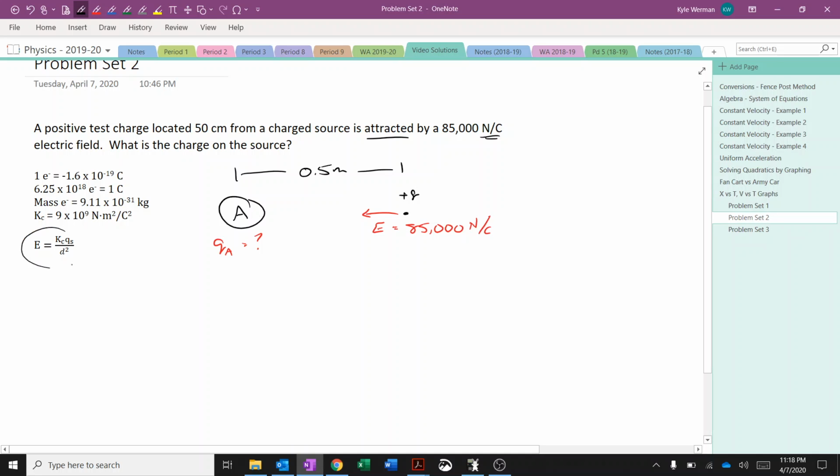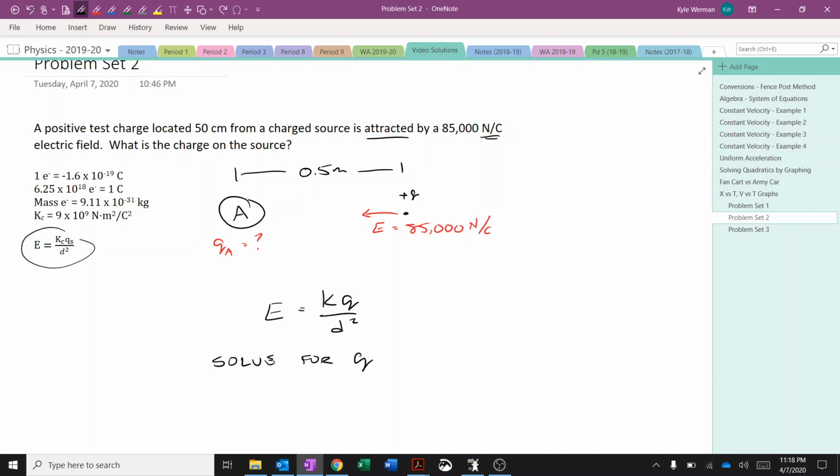And so hopefully you recognize that I could take this equation, E equals KQ over D squared, and we're going to solve for Q, or Q of the source, or QA would probably be better.